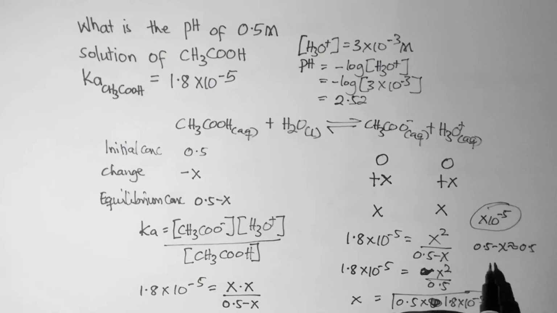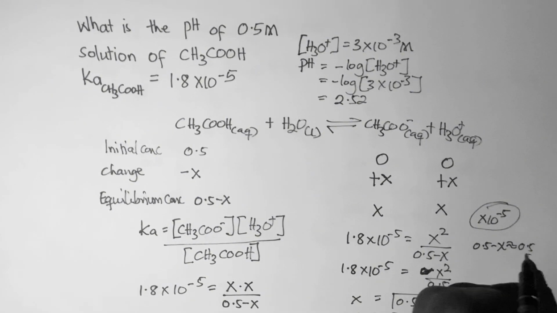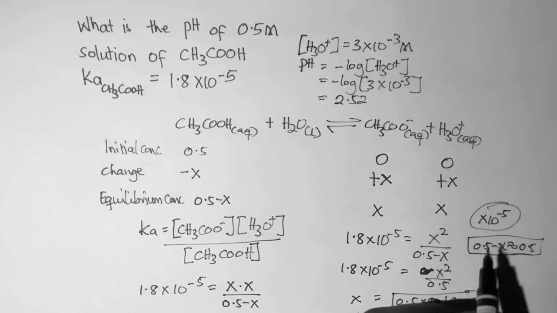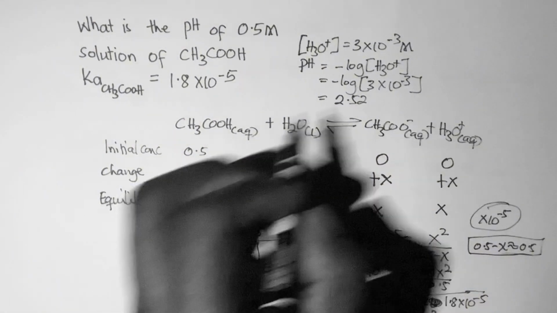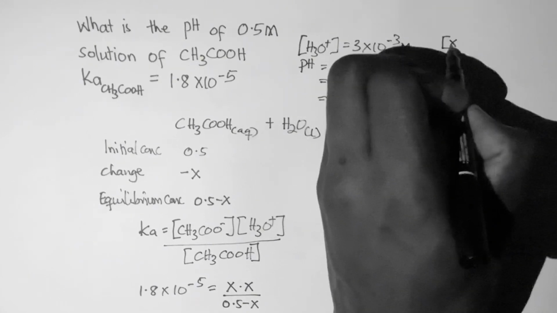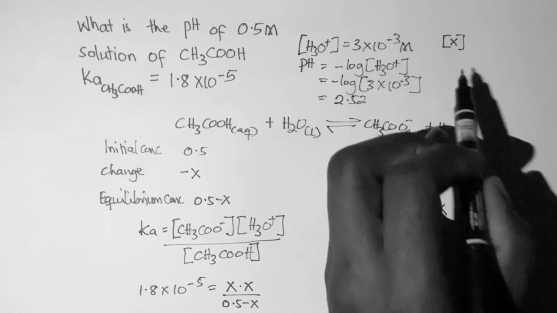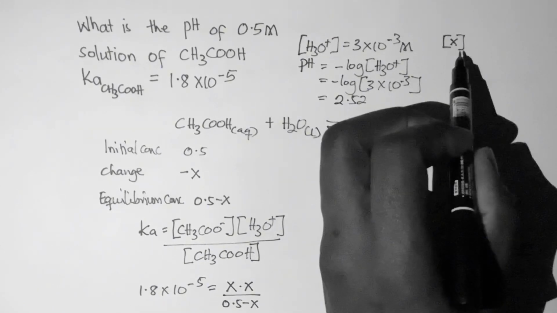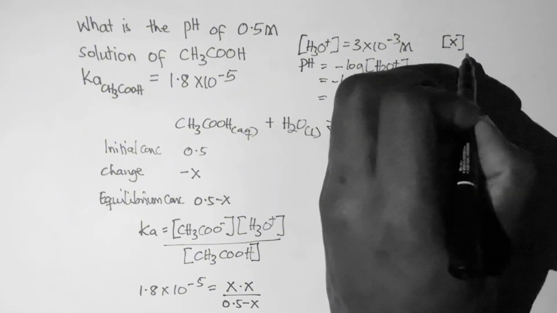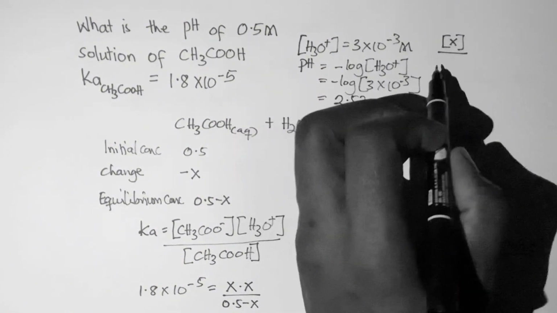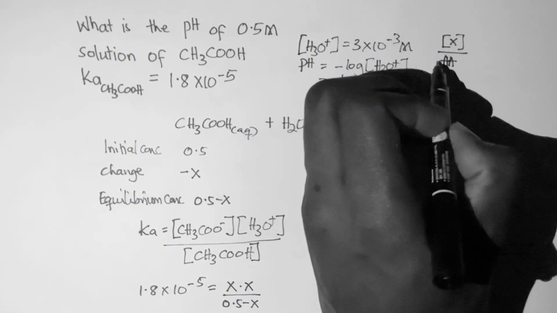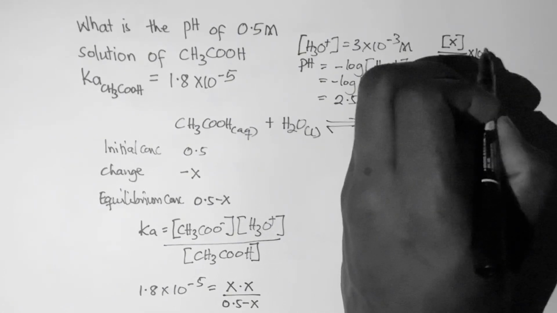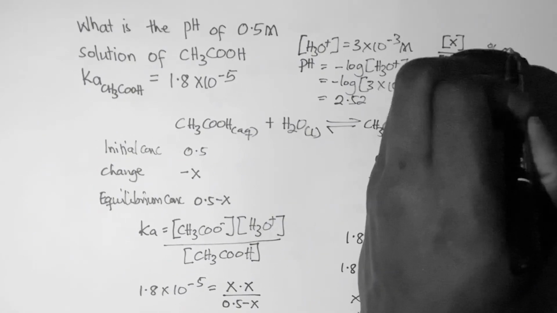However, we can always verify if our approximation holds true by using the 5% rule. This 5% rule says that if we take the concentration of X, where X could be either the hydronium ions or the hydroxide ions, and divide it by the initial concentration of the acid, I'm using HA for the initial concentration of the acid, and then multiply by 100%, this should be less than 5%.